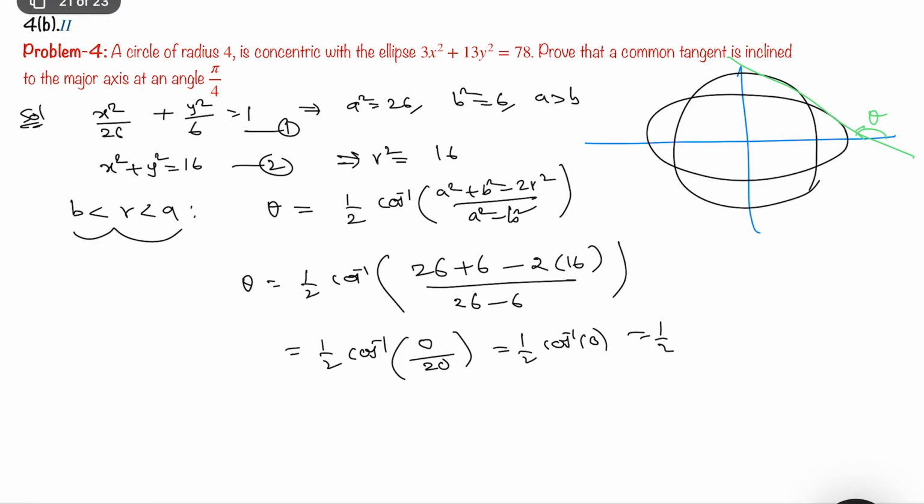Cos inverse of 0 is pi by 2, so pi by 4. Therefore the theta we got is pi by 4. So this angle is pi by 4. So the common tangent to this given ellipse and the concentric circle with radius 4 makes an angle theta with the major axis of the ellipse. Fine.